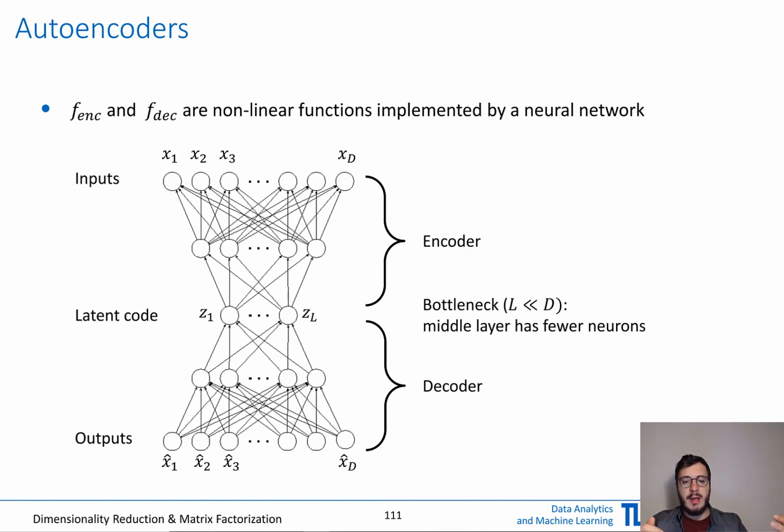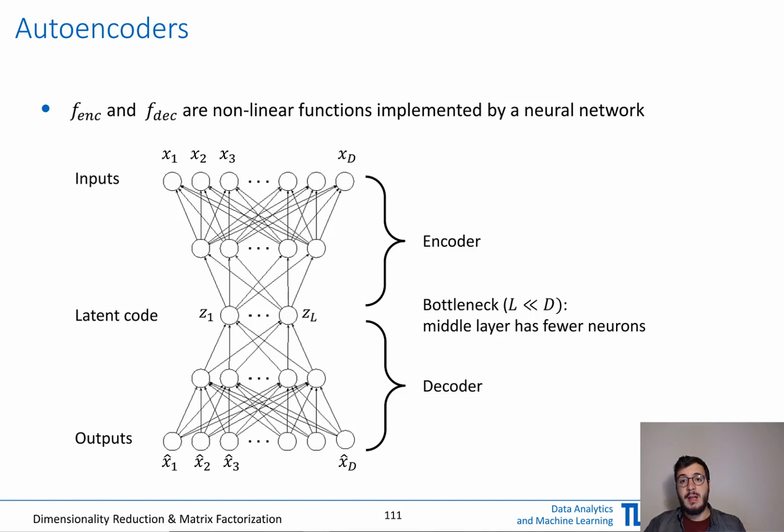It's called a bottleneck because you can imagine that information is flowing from the input through to the output, and it has to pass through this small set of neurons which act like a bottleneck. The idea is that this bottleneck will only let the signal in the data pass through, and it will filter out all of the unnecessary noise.